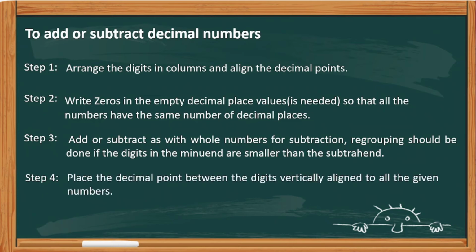Place the decimal point between the digits vertically aligned to all the given numbers. This time, test yourself. It's Mathematics time! Get a piece of paper, pencil, and ballpen. Apply what you have learned by solving the following and be ready.